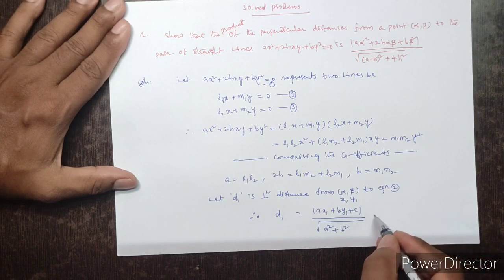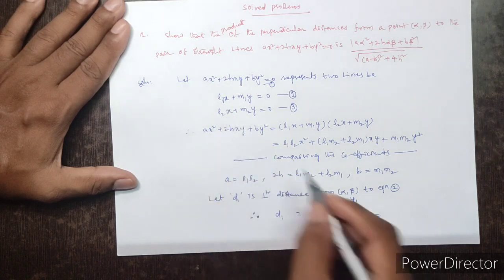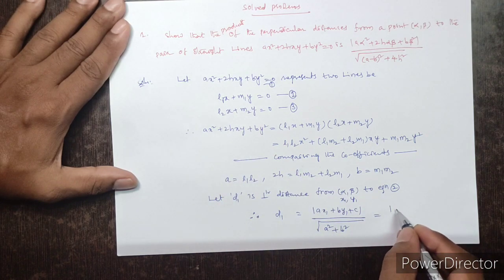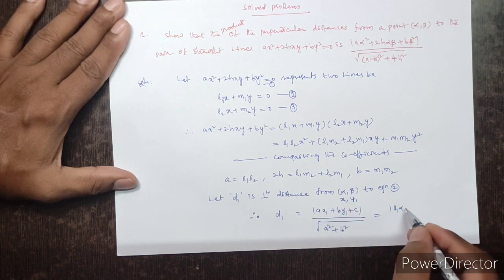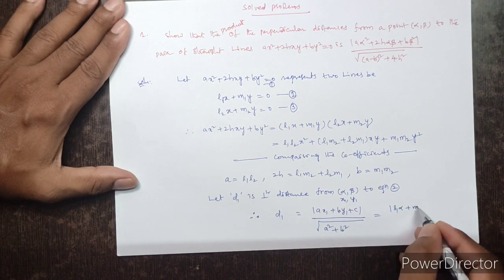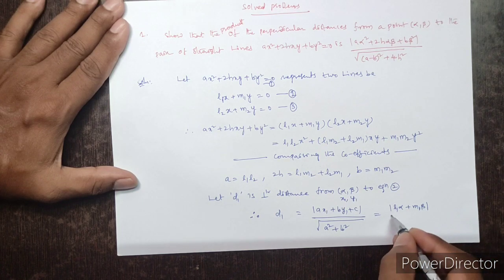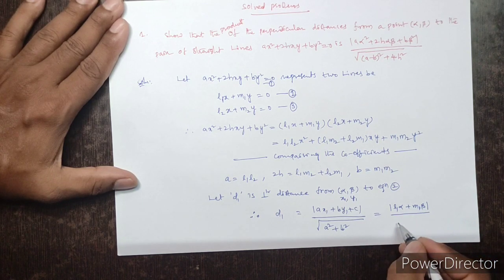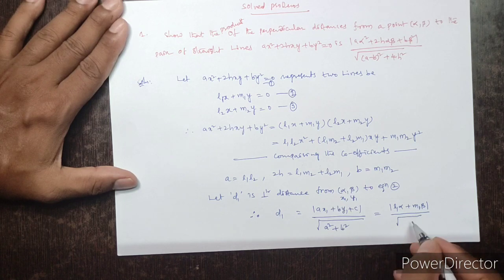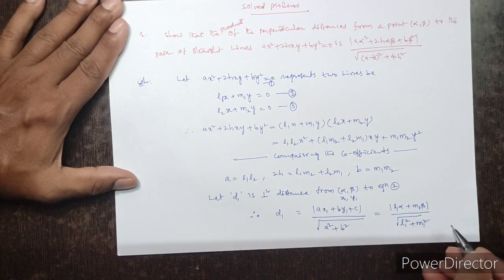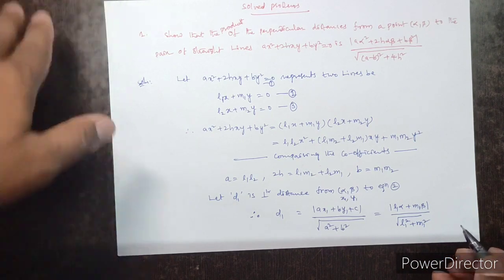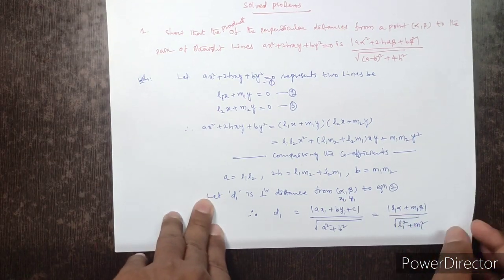Here that is d1 equal to modulus L1 alpha, x1 is nothing but alpha, plus M1 beta by root of L1 square plus M1 square.